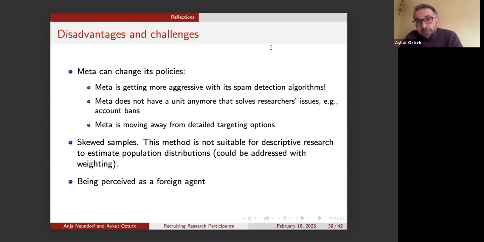Our own experience and what we hear from other people, right? Meta is getting more and more aggressive with its spam detection algorithms. And there are other changes in Meta policies as well. Last year, for example, or the previous year, we introduced Michael Zurop from Meta and his research unit that was devoted to solving researchers' problems when they run advertisements on Facebook.